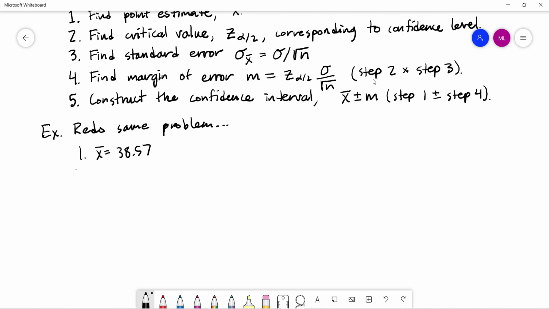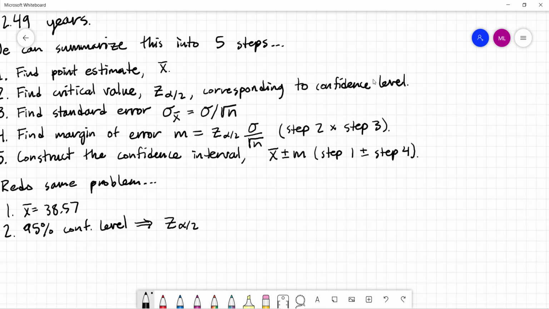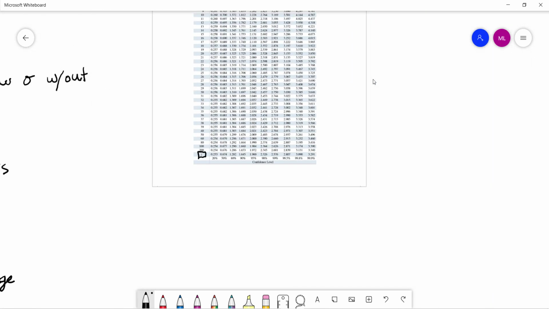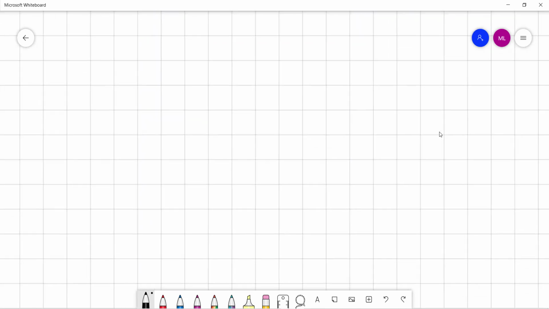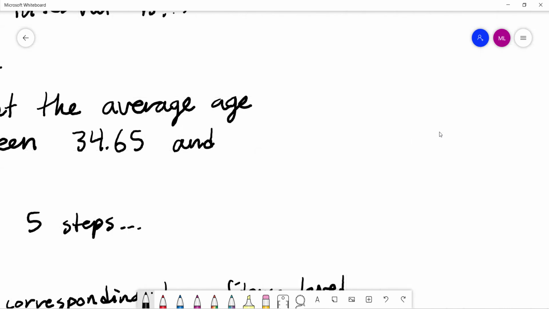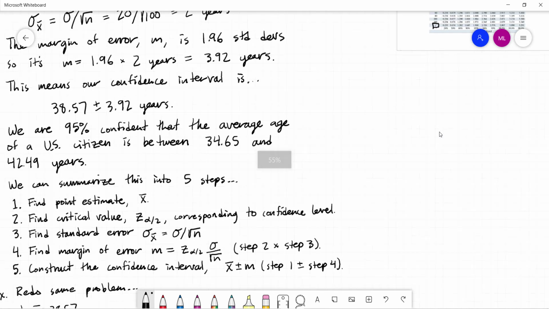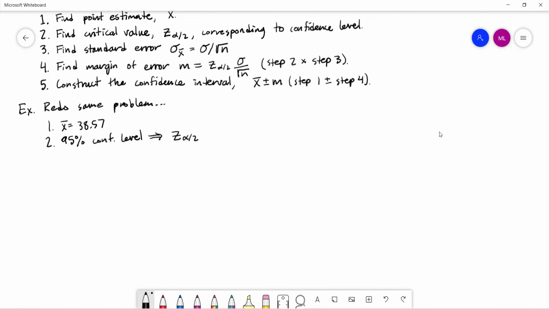Step number 2, 95% confidence level is going to imply that our z-score, our critical value, z sub alpha over 2, is, again, we just come over to this table and say, what's the confidence level that we're interested in? Oh, 95%, boom, 1.96, done. So we go look in our table and we find 1.96.